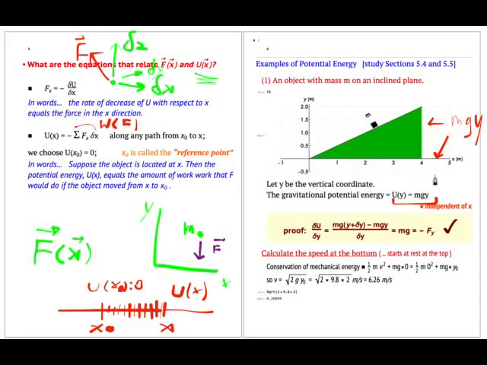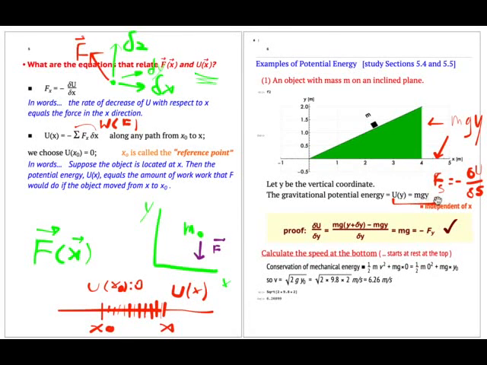Now remember, the force is negative delta U over the displacement. Let's call the displacement delta s. So that'll be the force in the s direction.